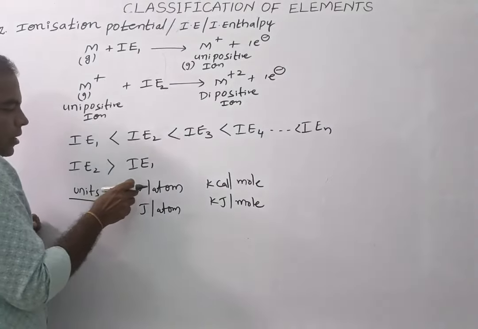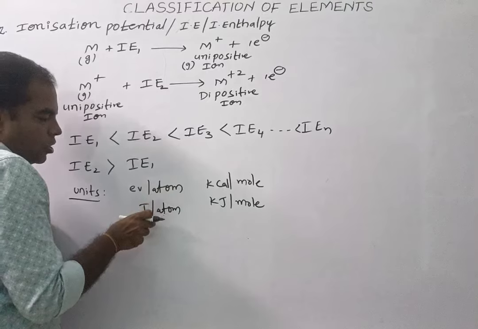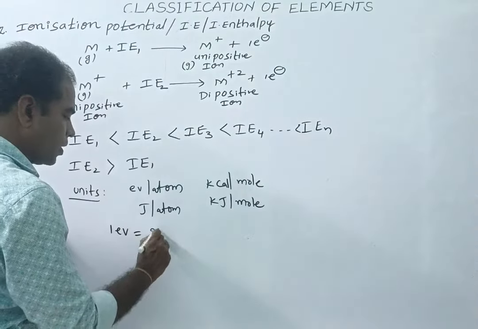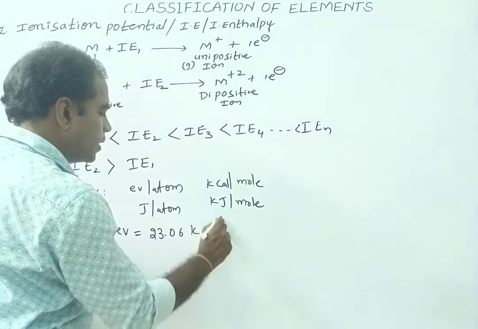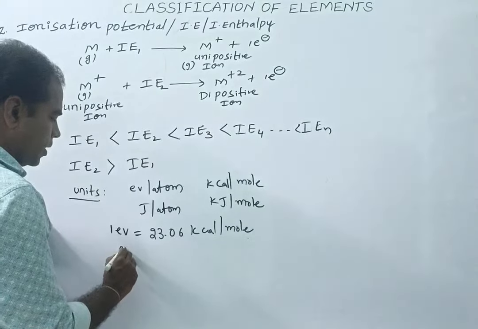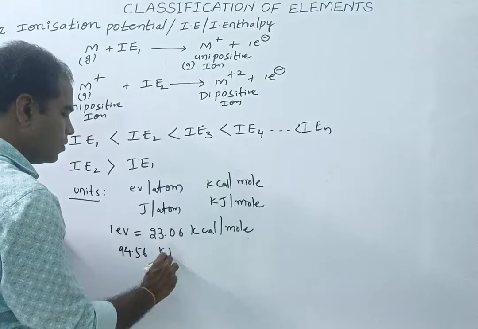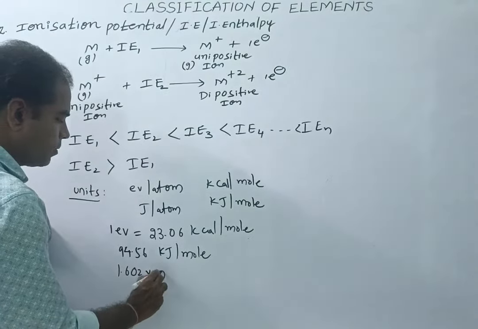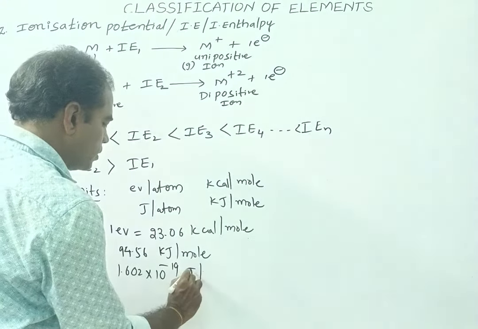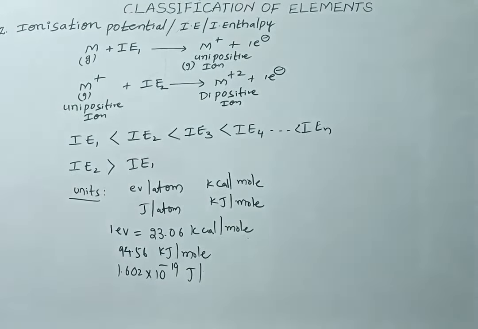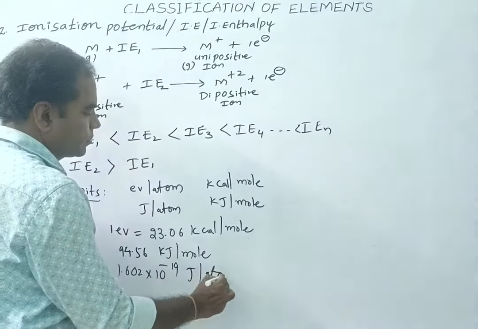That means energy can have units of electron volt per atom, joule per atom, kilocalorie per mole or kilojoule per mole. 1 electron volt equals 23.06 kilocalorie per mole, or 94.56 kilojoule per mole, or 1.602 into 10 power minus 19 joule per atom.